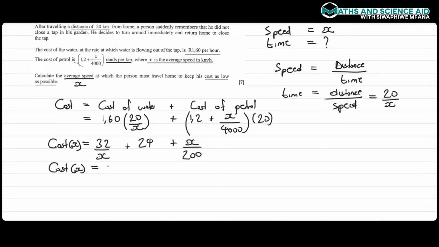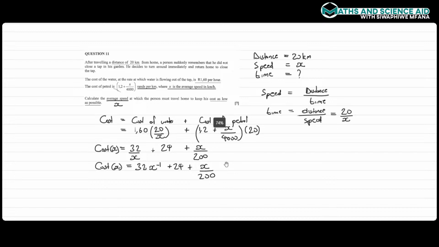But to do that here, you need to bring this x to the numerator. So it will be x raised to -1 plus 24. And then this one is fine. As you can see, once you get the equation, it's very easy to do the problem from there.